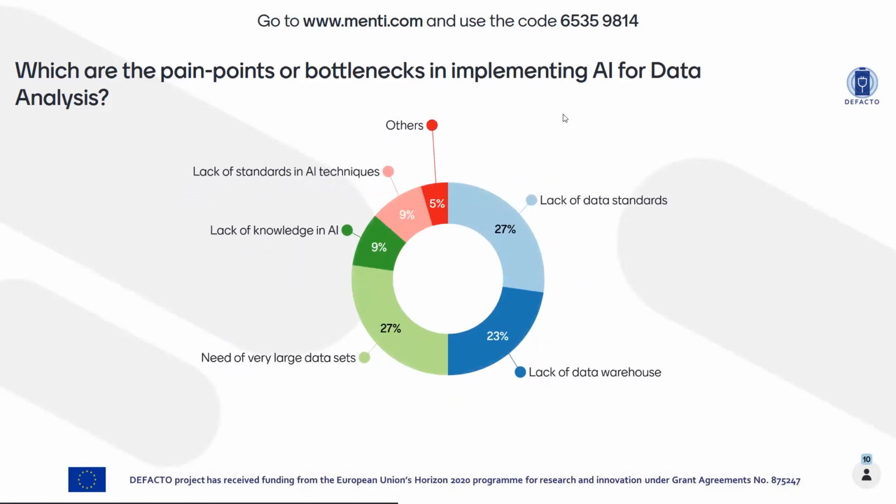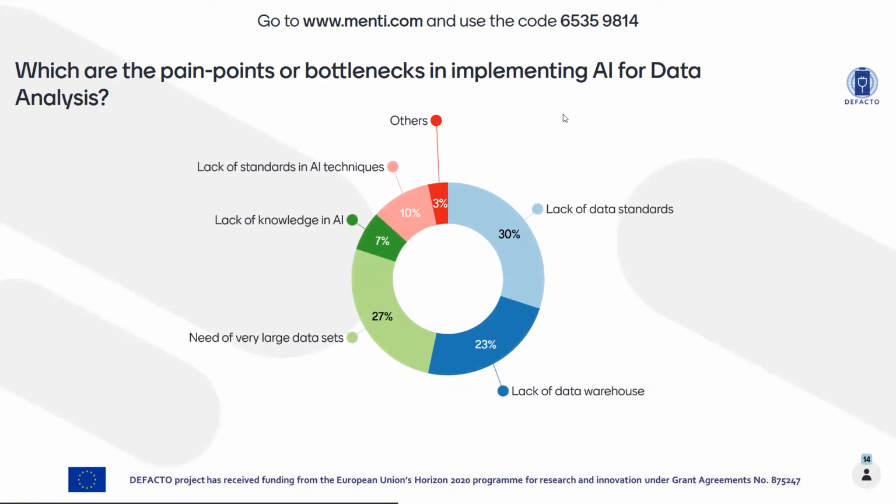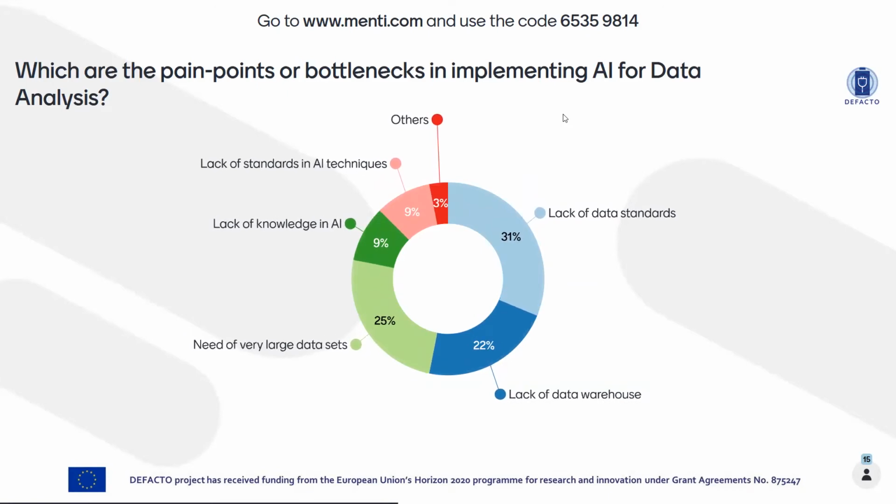We see that until now, the majority of people think it is lack of data standards and need of very large data sets. Also lack of data warehouse. Very interesting.